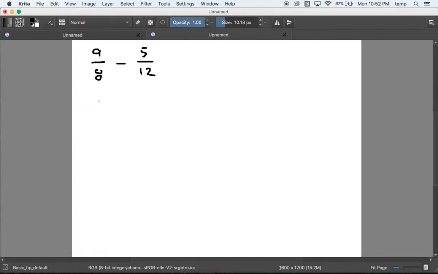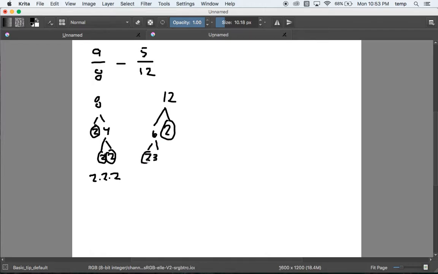So let's do our little factor tree here. 8 is going to be 2 times 4, 2's prime. 4 is going to be 2 times 2, and 2 and 2 are prime. So 8 is 2 times 2 times 2. 12 is going to be 6 times 2. 2 is prime. That's going to be 2 and 3.